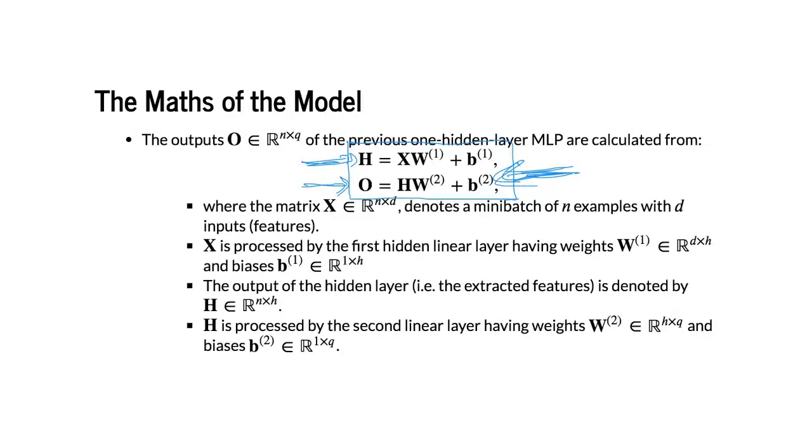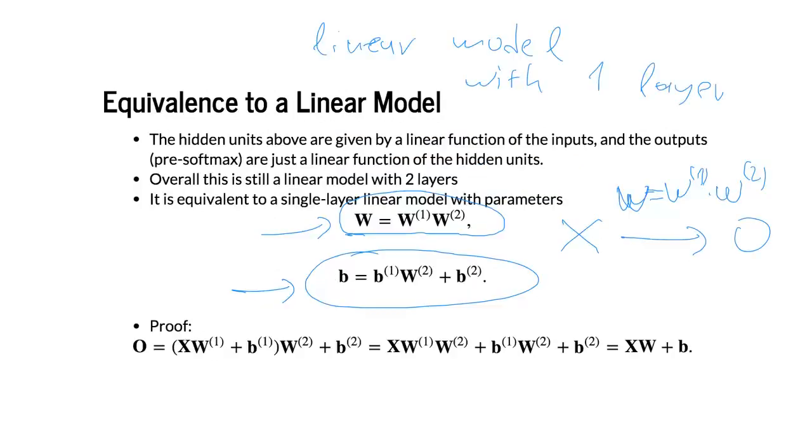But what we can show is that we don't really gain anything if we do that. Why? Because I can define a single layer architecture where the weights are given by this relation over here.